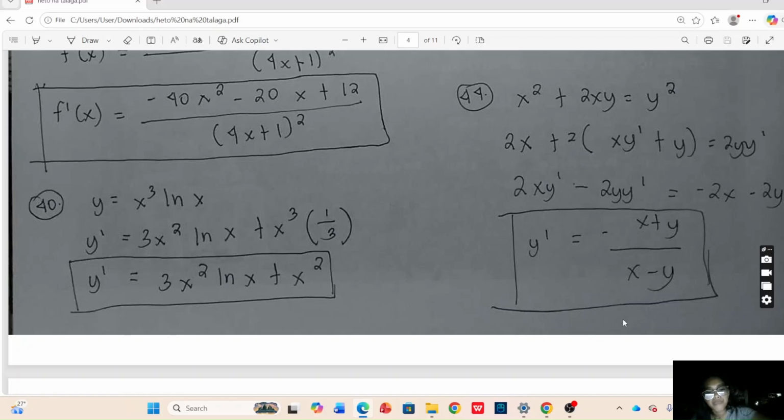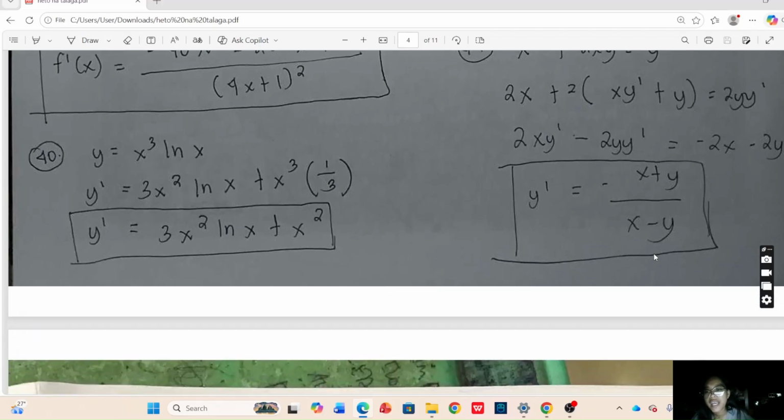With this kind of problem, after differentiating every term, we have to use the product rule on 2xy, group all the y prime terms on one side and factor, then solve for y prime. So the final derivative, y prime, is equal to negative x plus y divided by x minus y.